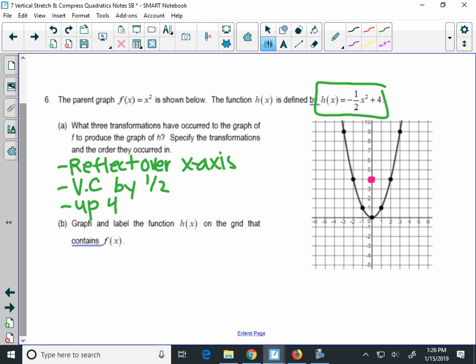Now I'm going to work to the right. If I can do all these points on the right, then because of symmetry, I can do the other side. So I start here at this first point 1, 1. I'm going to reflect it over the x-axis. So now I'm down below. If I vertically compress that by 1/2, where am I now? Vertically compressed.